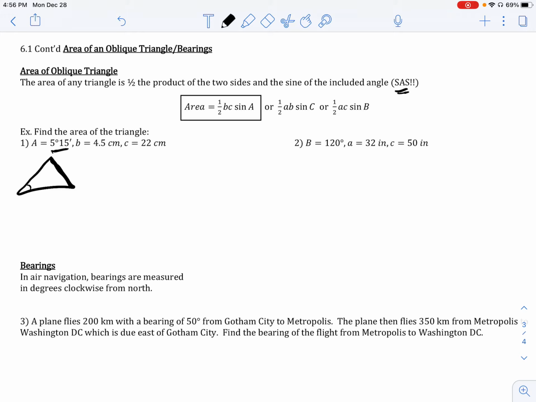But hopefully most people can see here that 15 minutes is 1/4 of a degree. So this is the same thing as 5.25 degrees. So angle A here would be 5.25 degrees.